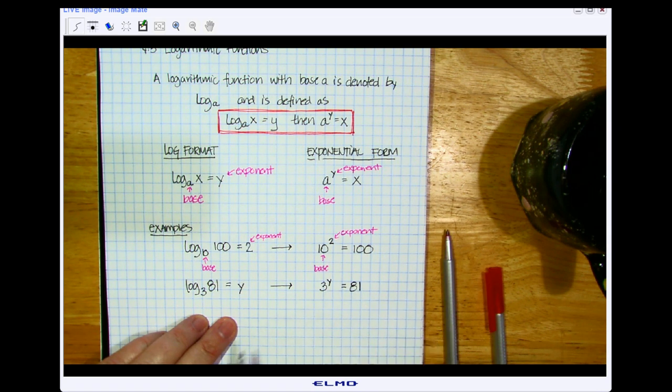How do I find the y value here? Well, it's not going to be the third root of 81.